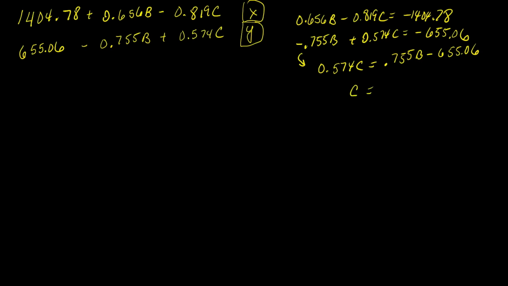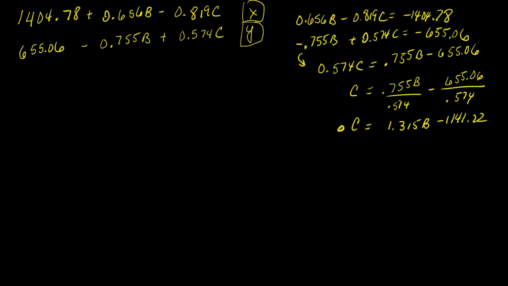So C is going to equal 0.755 B's divided by 0.574 minus 655.06, also divided by 0.574. We can say then that C is equal to 1.315 B's minus 1141.22. Let's remember that number.